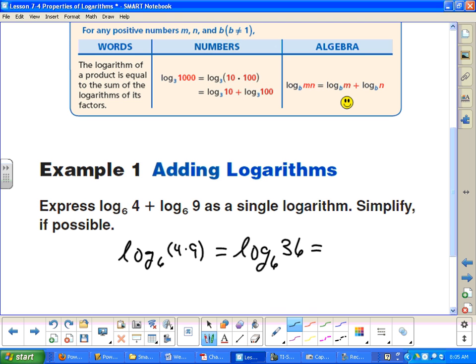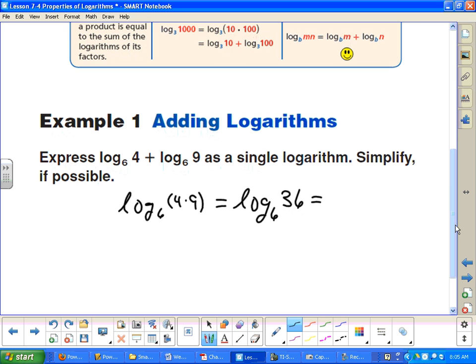So we're thinking about what we were doing yesterday with switching them from exponential to logarithmic form. So this basically says, is there 6 to some power that equals 36? Yes or no? Okay, 2, right? So this is equal to 2.